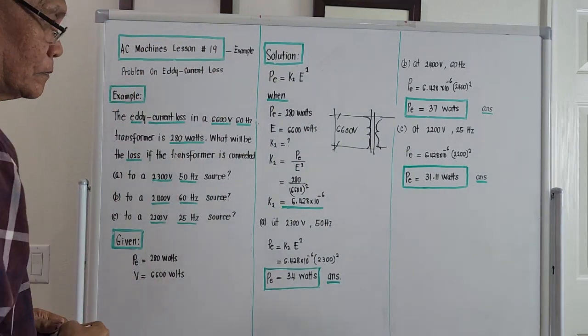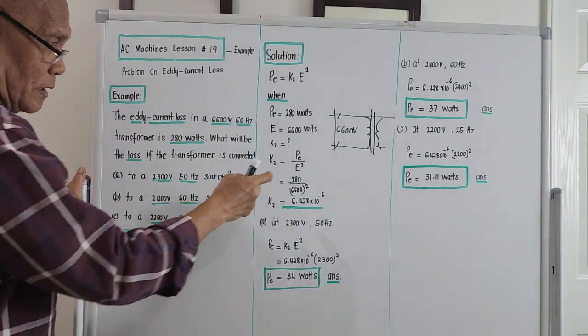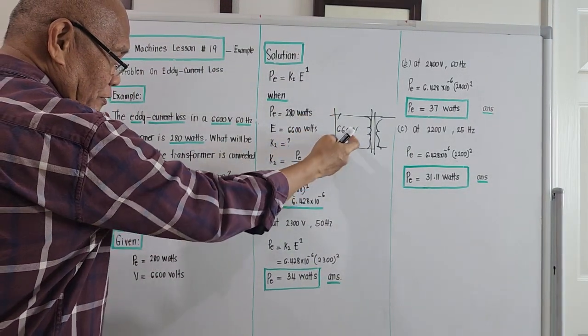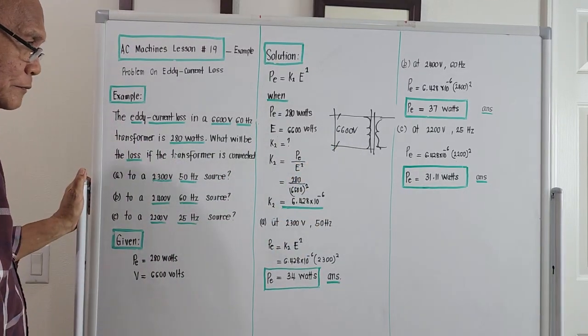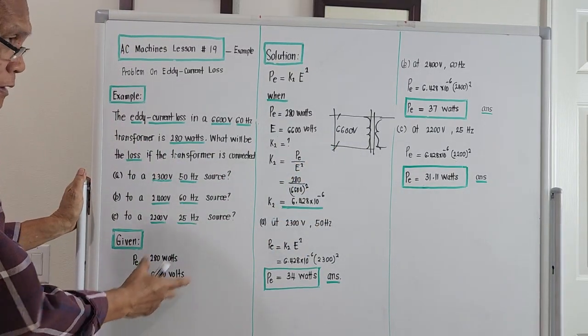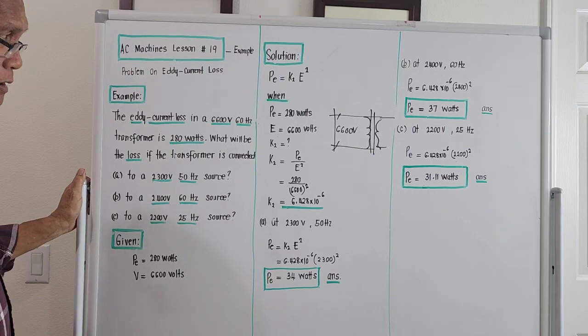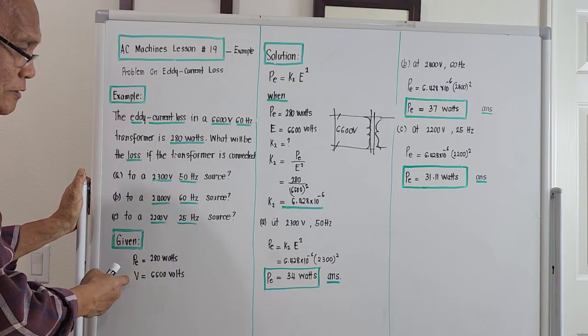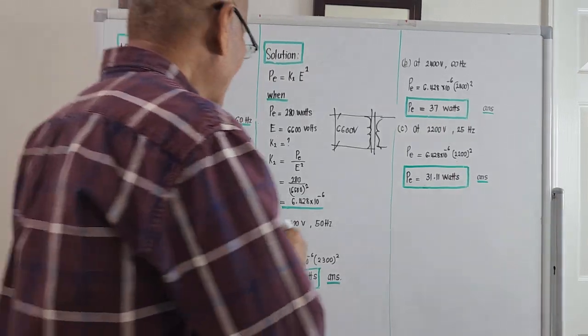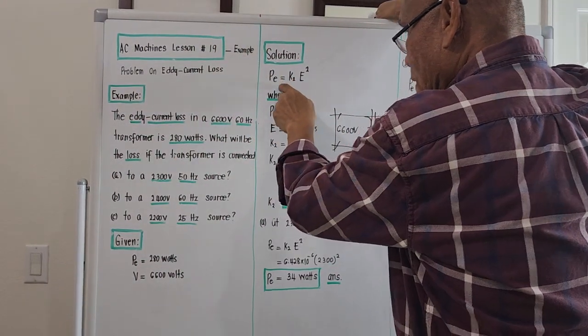The original terminal voltage supplied is 6600. Okay, let's try to bring out the solution. The problem is just asking for the eddy current loss. We are solving for the eddy current loss.